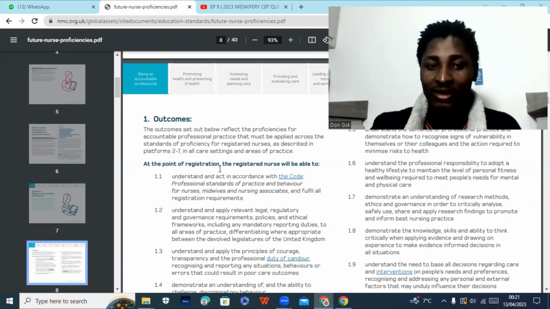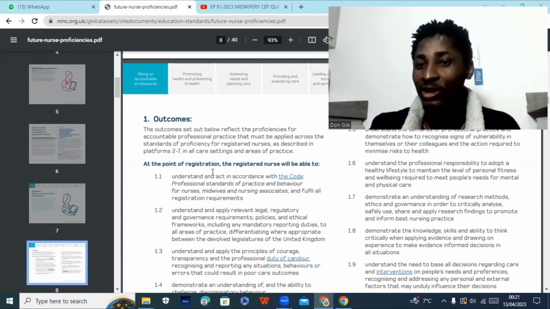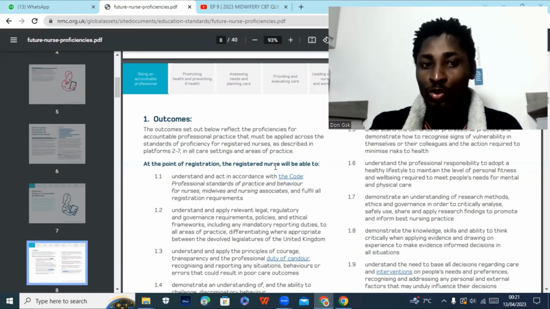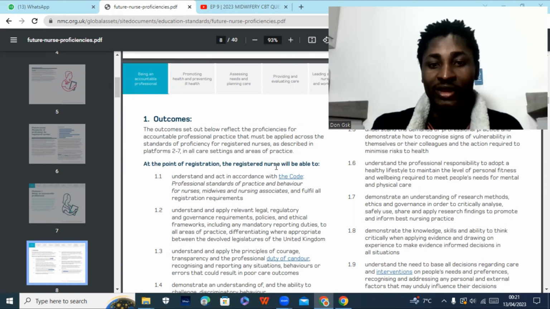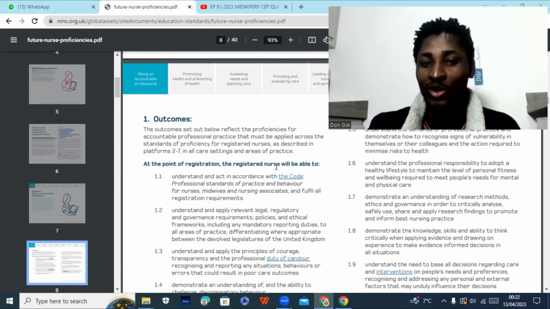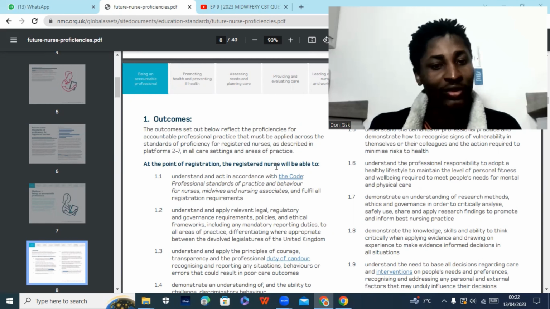Because they said at the point of registration, before you can be registered as a nurse in the UK, you'll be able to understand. So now the CBT test will make sure that you are being tested on the understanding of the NMC Code of Conduct. All right.